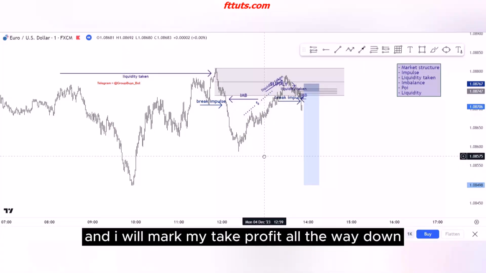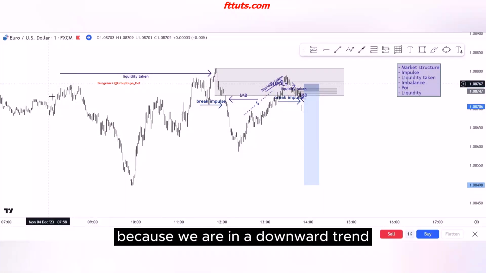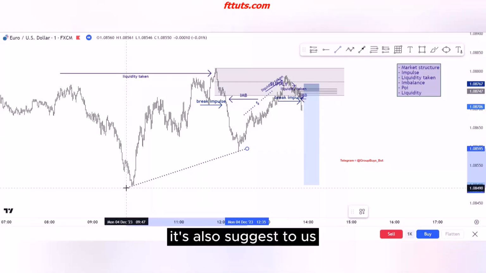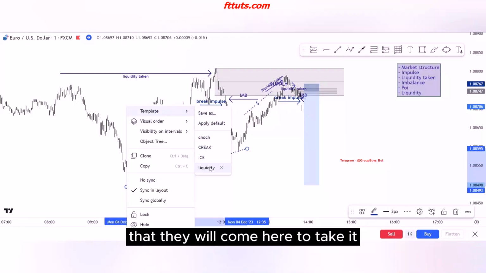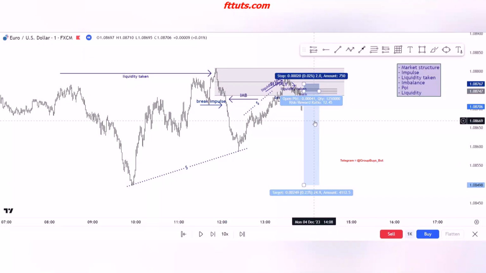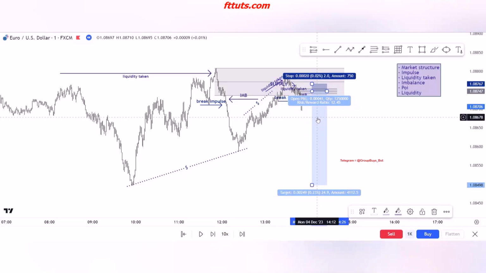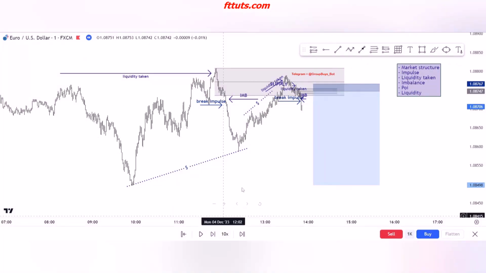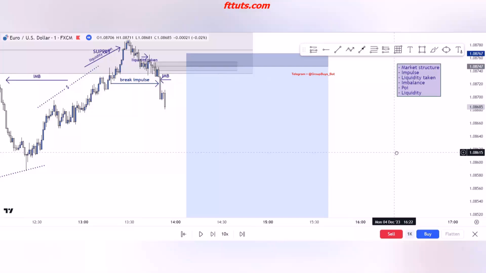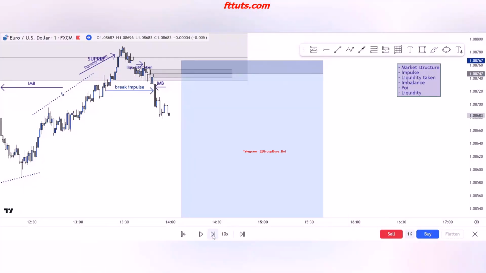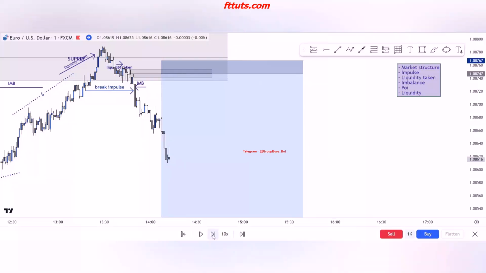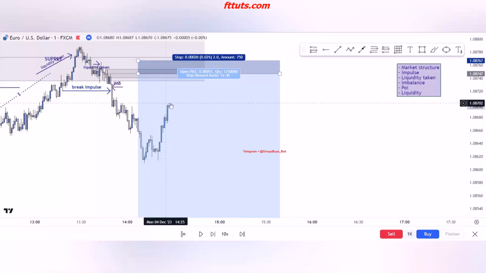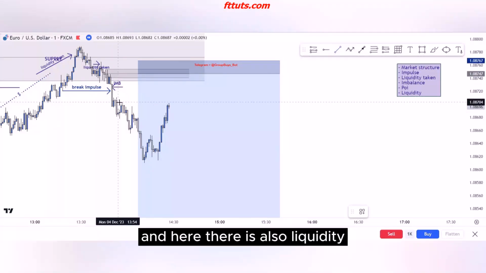And I will mark my take profit all the way down because we are in a downward trend. And I also see the trend line of this liquidity here. It also suggests to us that they will come here to take it. And here there is also liquidity.